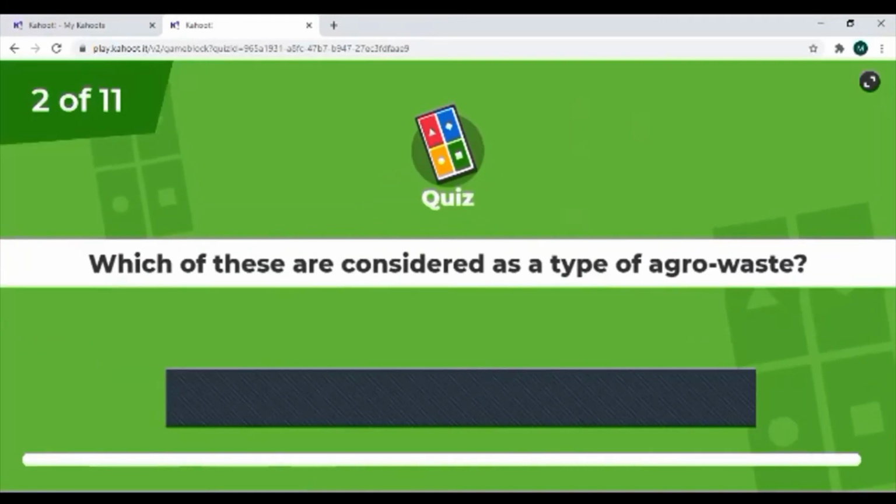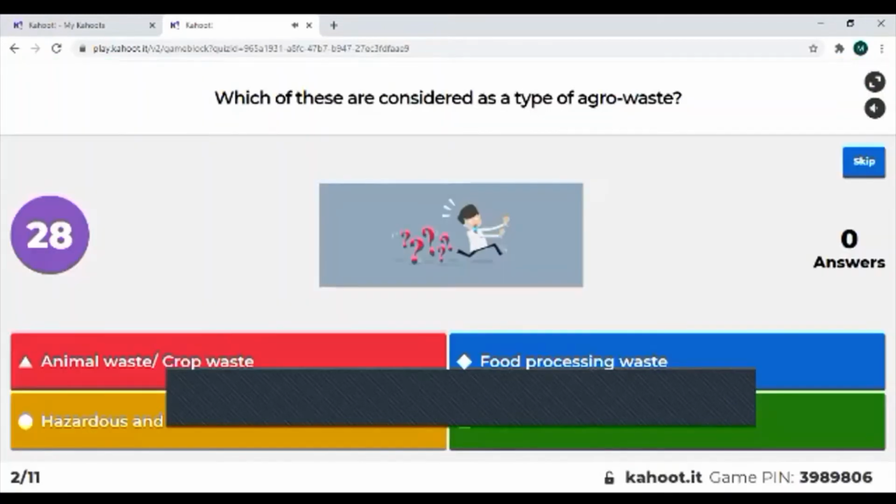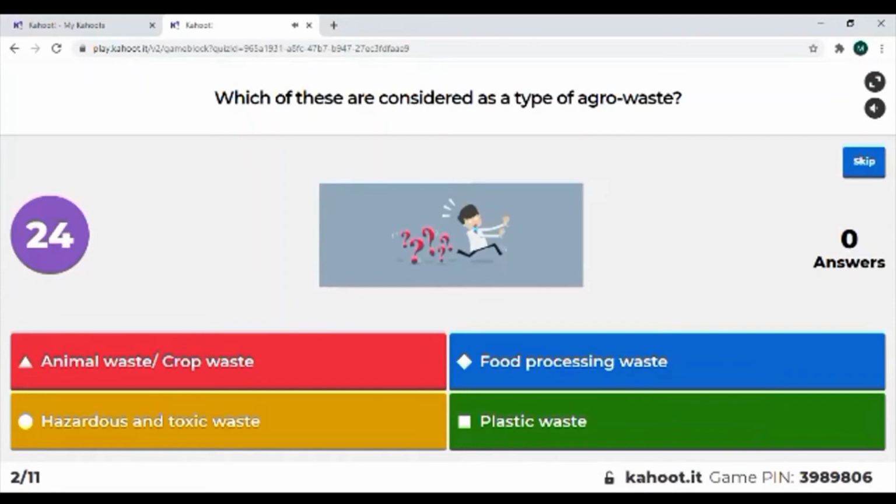Next question: which of these are considered a type of agro waste? The choices are animal waste, crop waste, hazardous and toxic waste, food processing waste, and plastic waste. The time is ticking. 15 seconds.